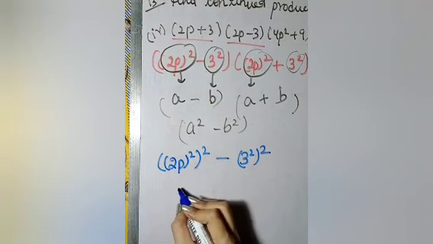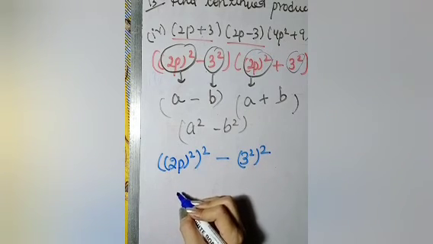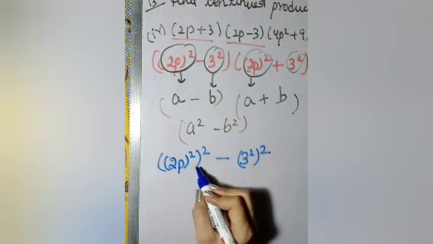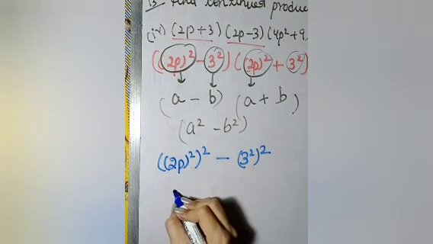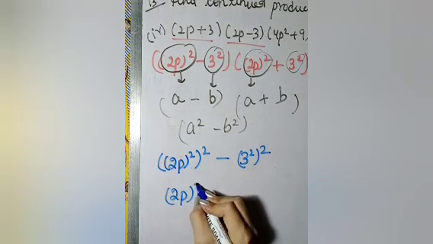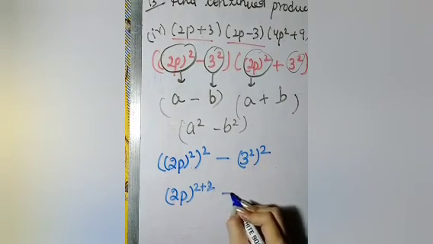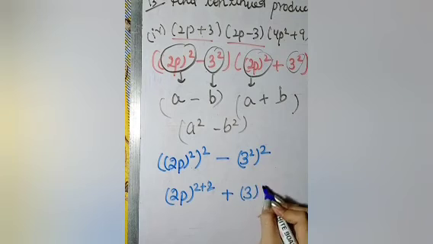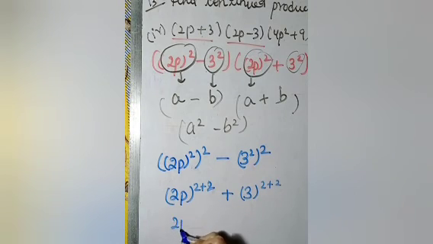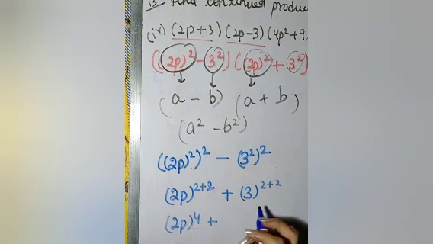Now solve it. Whenever there is a power of a bracket, power of power, the powers get added up. 2 times 2 is 4, here 3, 2 times 2. It will be (2p) to the power 4 minus 3 to the power 4.